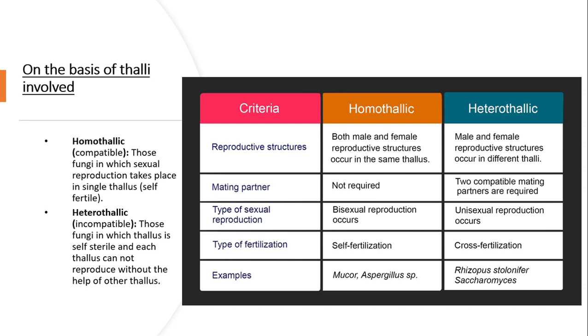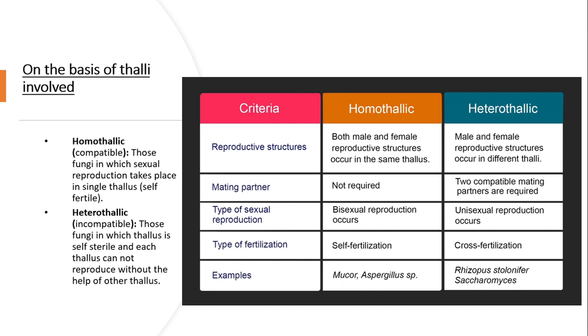On the basis of thalli, we can differentiate these fungi into homothallic and heterothallic fungi. The homothallic fungi are also known as compatible fungi, those fungi in which sexual reproduction takes place in a single thallus. So these are self-fertile and self-fertilization takes place.